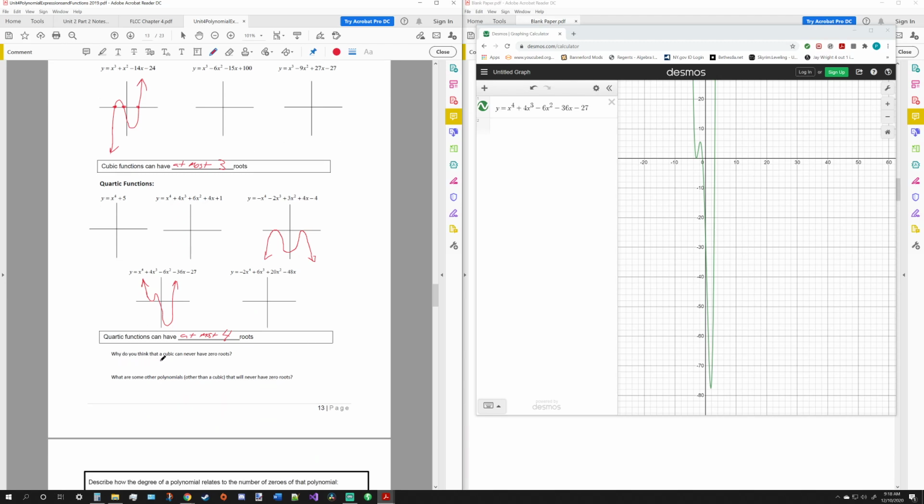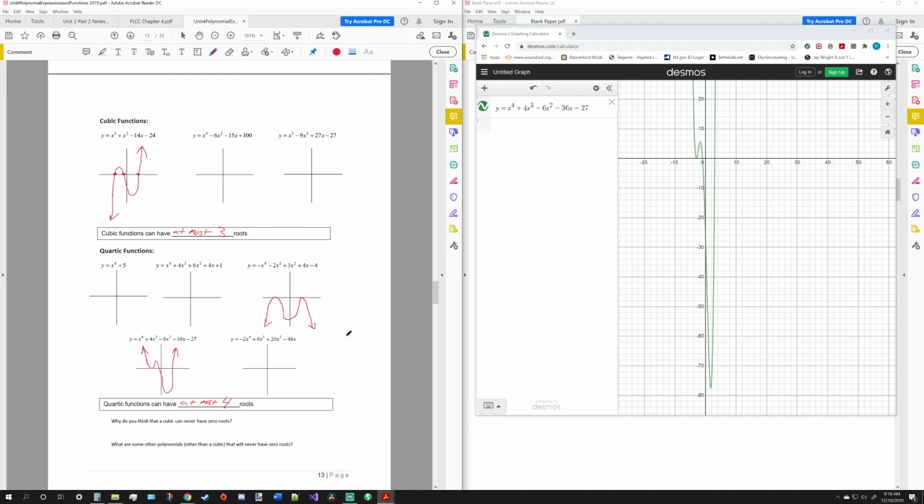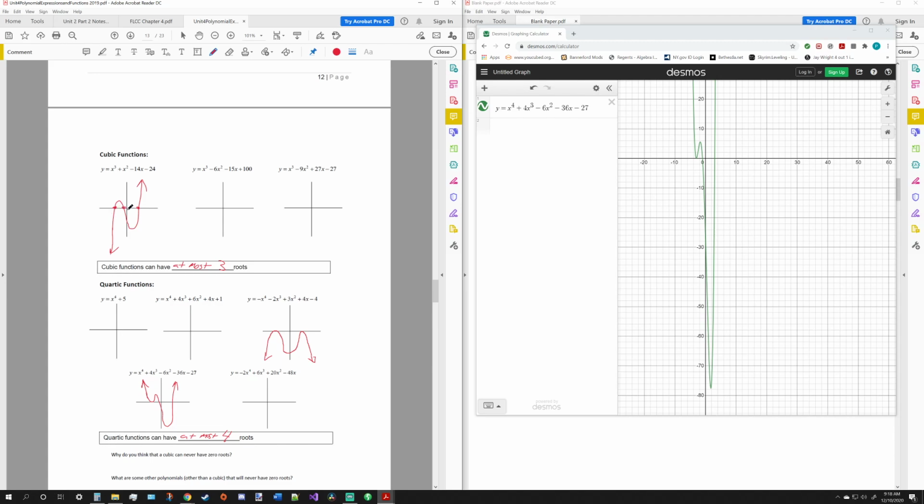Why do you think that a cubic can never have 0 roots? So when I was talking about this cubic up here, I said it can have at most 3 roots, but if we shift it up or down, we could change that, right? So let me see if I can do that. If I take this and move it, it's going to move everything, that's fine.